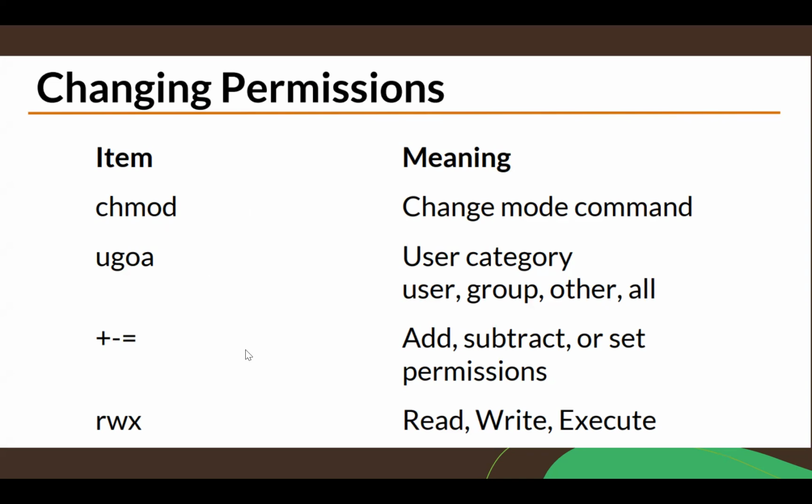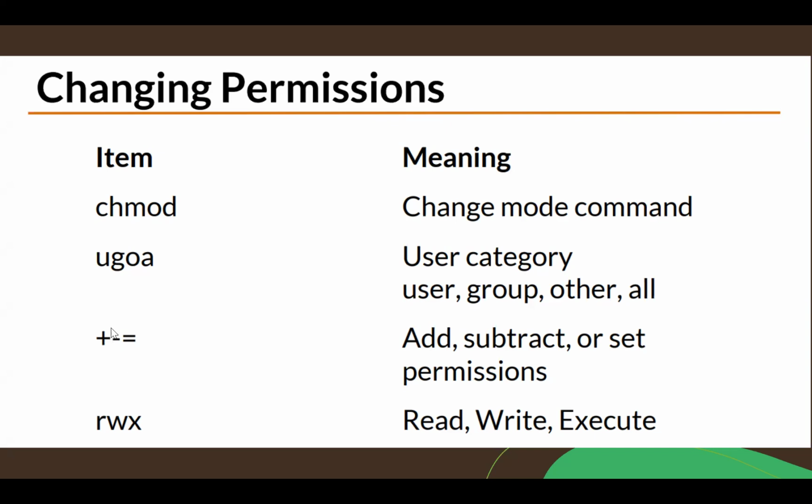To specify mode or permissions with symbolic notation, run the command chmod followed by the user, group, and other, and an operator to add or subtract from the set of permissions.